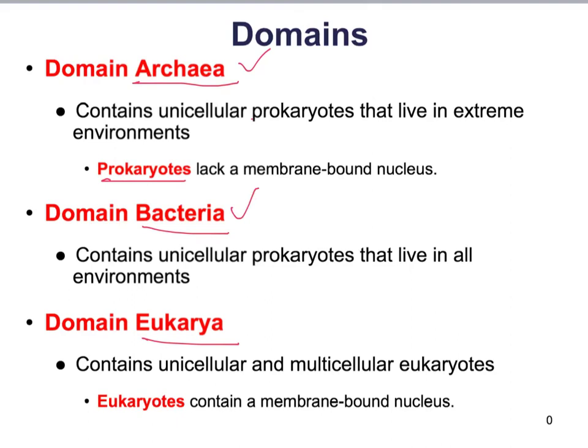So now we can look at the domain eukarya, and this contains unicellular and multicellular eukaryotes. So eukaryotes contain a membrane-bound nucleus. And that's very important for you to understand that a difference between eukaryotes and prokaryotes is that prokaryotes don't have a nucleus and eukaryotes do have a nucleus.